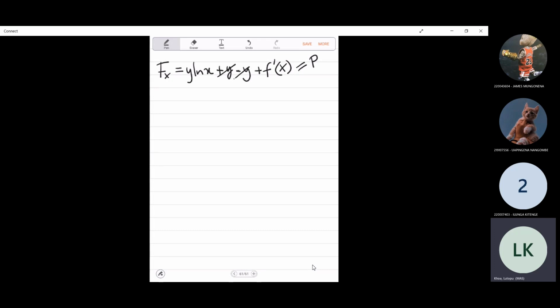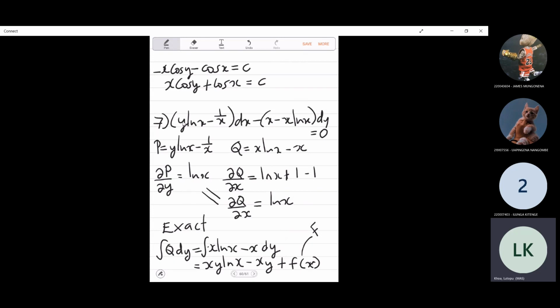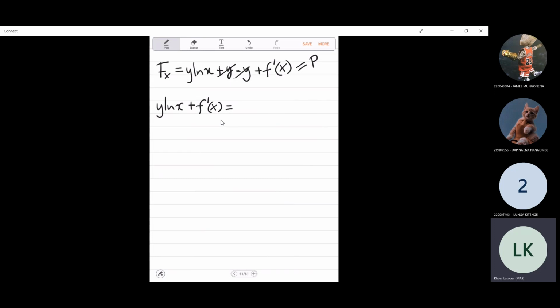And then I have y ln of x plus f prime of x. This must be equal to P. P is y ln of x minus 1 over x. So those two will cancel. So this means I have f prime of x is equal to minus 1 over x.